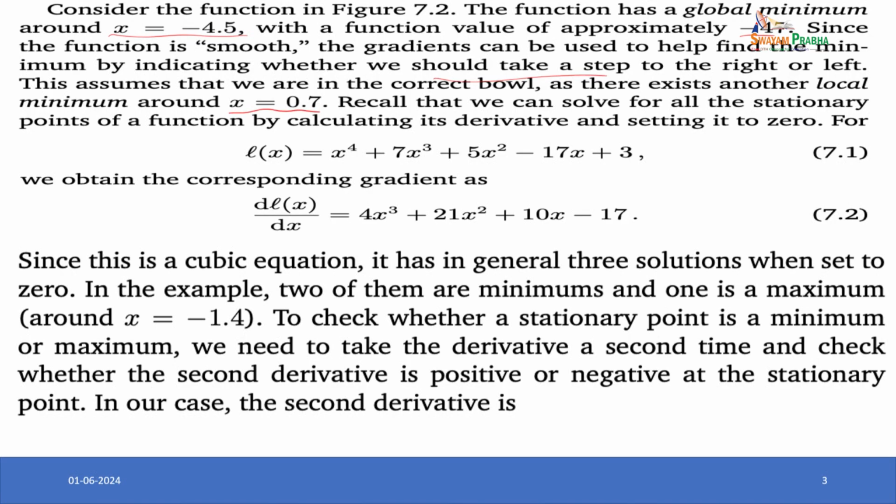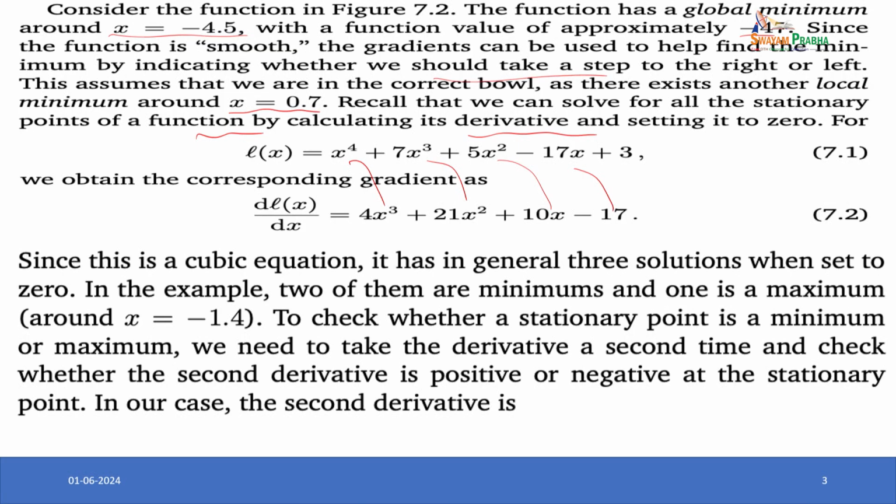And recall that we can solve for the stationary points of the function by calculating its derivatives and setting them to 0. So, L of x equal to x power 4 plus 7x cube plus 5x square minus 17x plus 3 is biquadratic, and if you differentiate with respect to x, x power 4 differentiation is 4x cube, 7x cube differentiation is 7 into 3 into x square, it becomes 21x square, 5x square differentiation is 10x, minus 17x differentiation is minus 17.